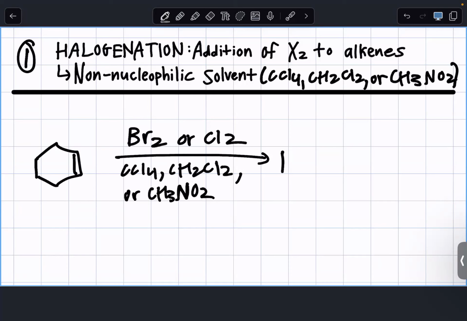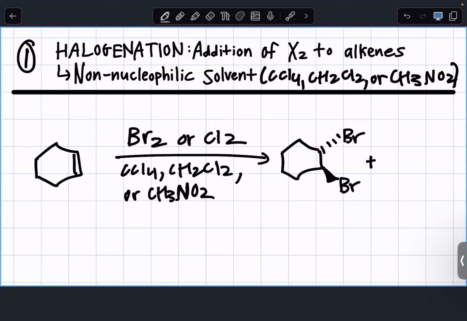What we are going to get is an anti-addition. So let's say we use the Br2. Both carbons of the alkene are going to have a bromine on it, where both of those bromines are anti to each other, opposite from each other, right?